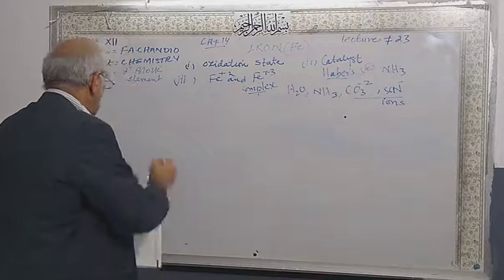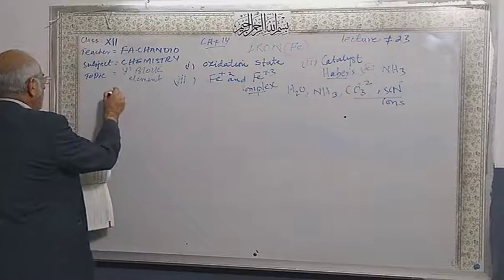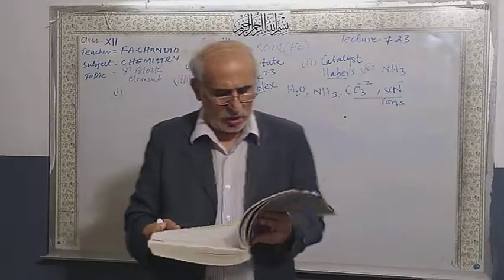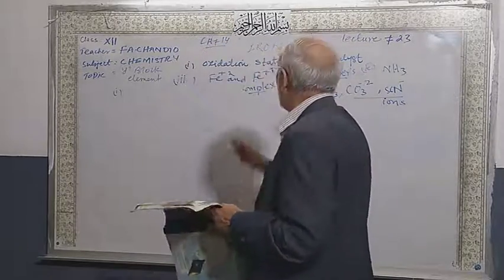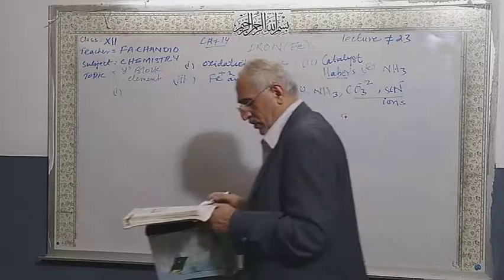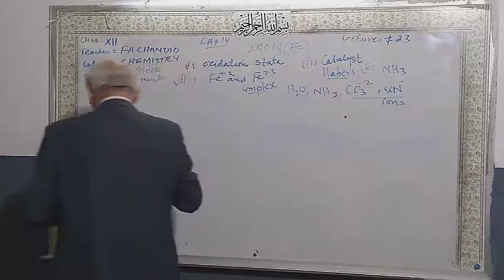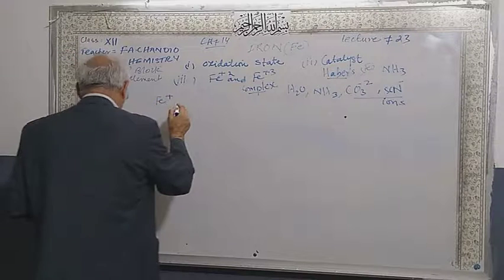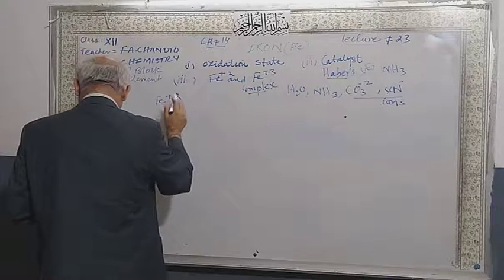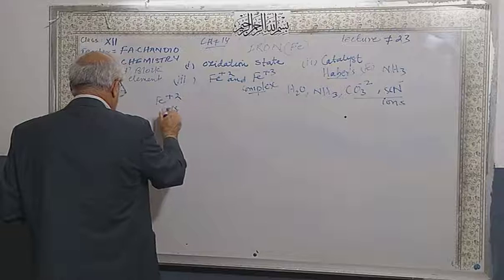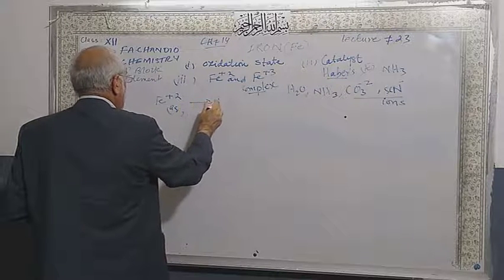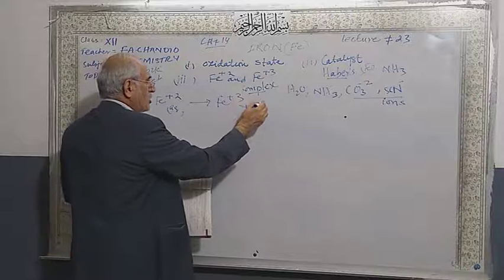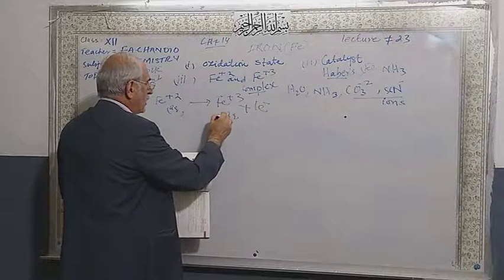Now number 1, oxidation state, one by one. Iron exists in the two common oxidation states, already I told you, positive 2 and positive 3. Iron positive 2 ions in the aqueous solution change into iron 3 by the loss of 1 electron.